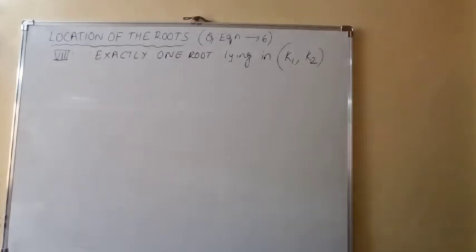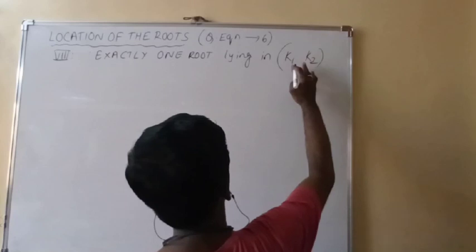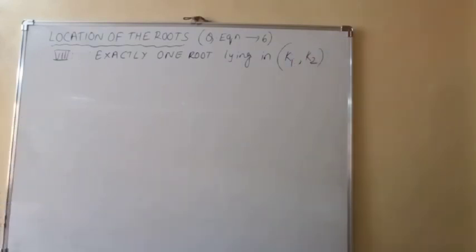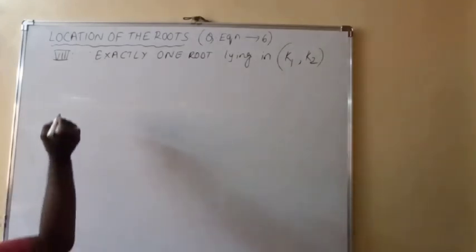Exactly one root lying in the open interval k1 comma k2. So that means either alpha may lie between k1 and k2, or beta may lie between k1 and k2.